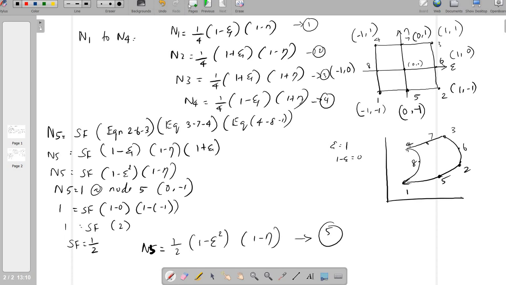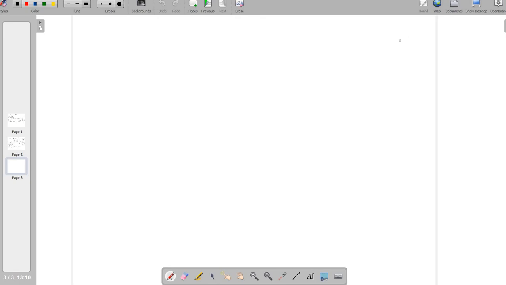So I am going to derive the other 4 nodes.